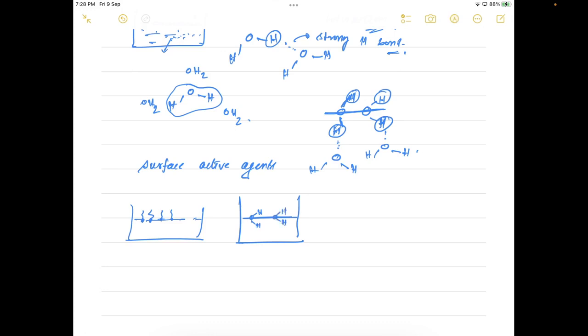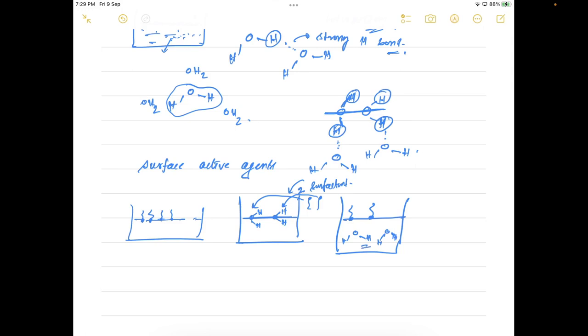Now if we add two surfactant molecules, they can come and deposit on the surface, replacing these two water molecules. So now what will be the picture? These are surfactant molecules. Now these two water molecules can come to the bulk phase. Now they can form much stronger hydrogen bonds in the bulk phase, right?